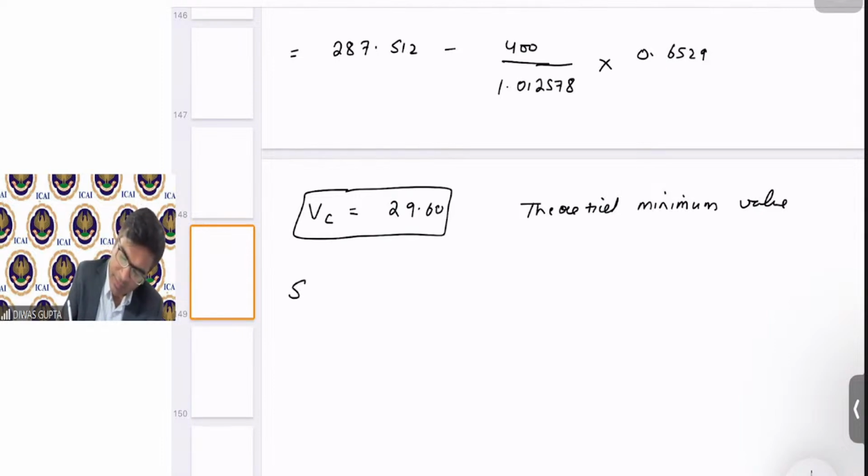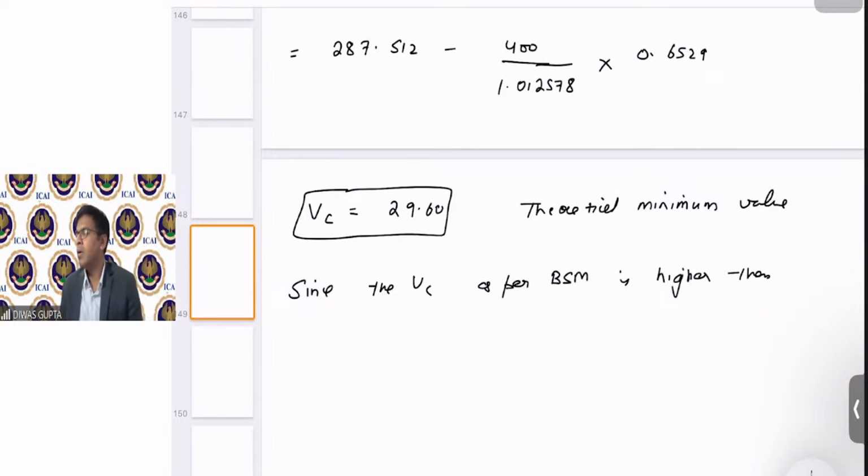Since the value of call as per Black-Scholes model is higher than 25 rupees, we will actually purchase it because it is underpriced.